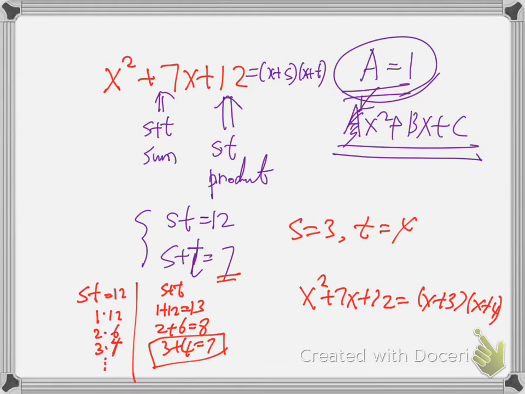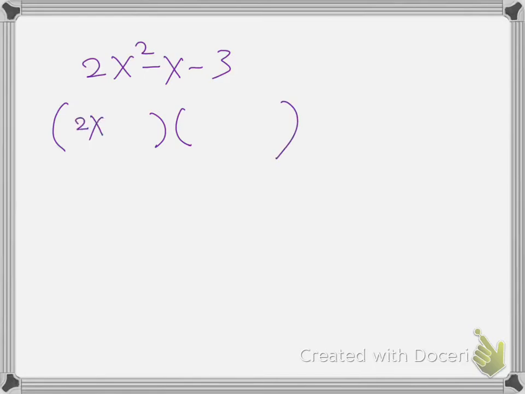Now let's look at a harder case. If you are very good at the trial and error method, you can also use it if a is not 1. Let's look at this example: 2x squared minus x minus 3. Now a is not 1, so this is not x and x; it will be 2x and x.